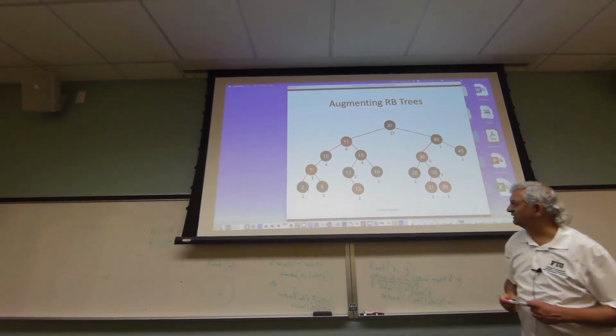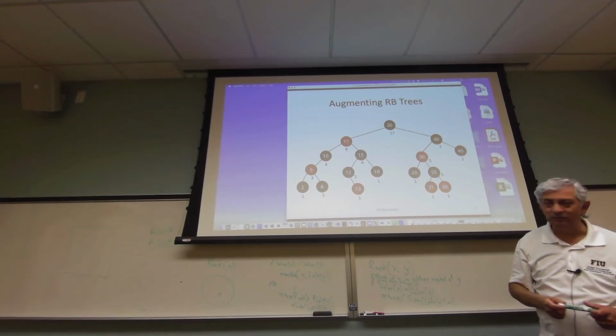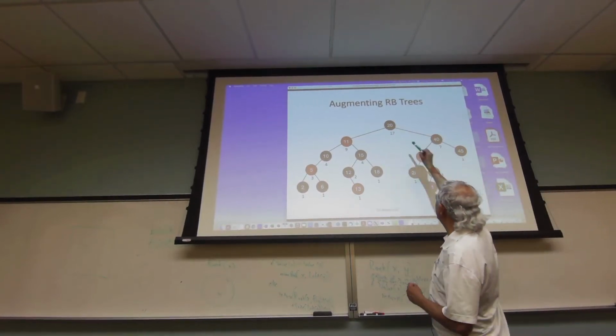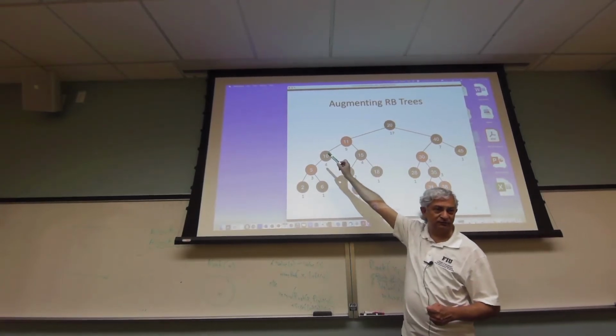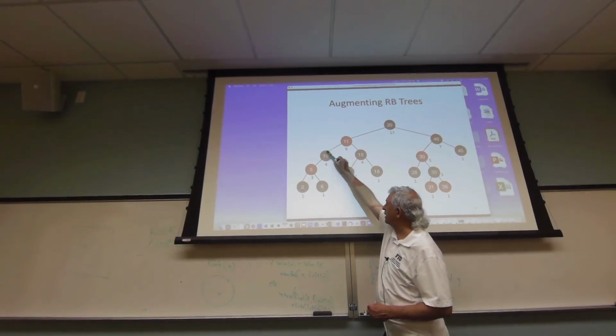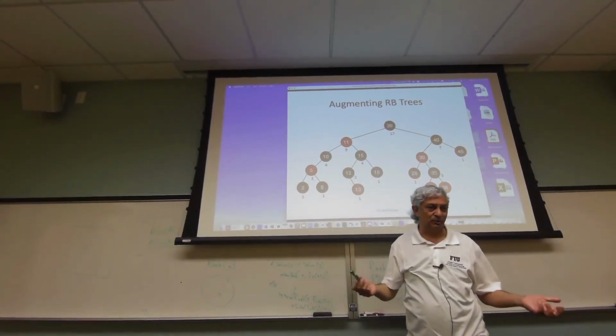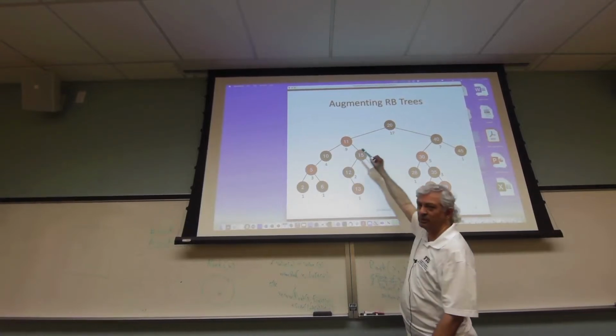but maybe that was too easy. So let's try the seventh largest item. Okay. So if we want the 7th largest item in this whole tree, 7 is larger than the rank of that guy, so it has to be on the left side. Over here, the 7th largest is not going to be in the left subtree because the left subtree only has 4 items. It's not the root of the tree, so therefore it must be over here.